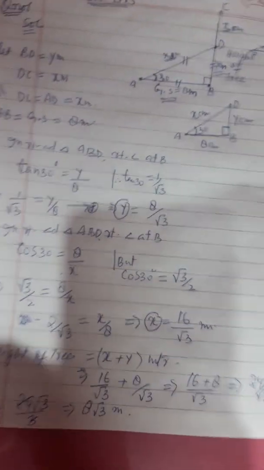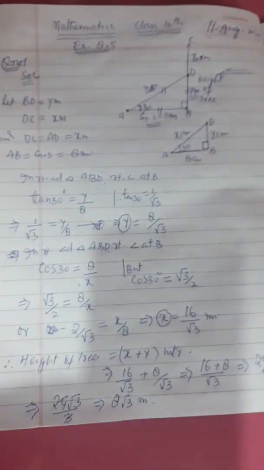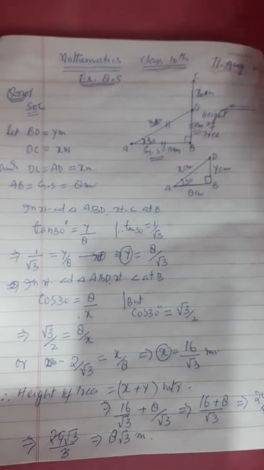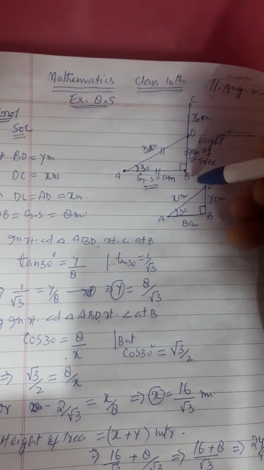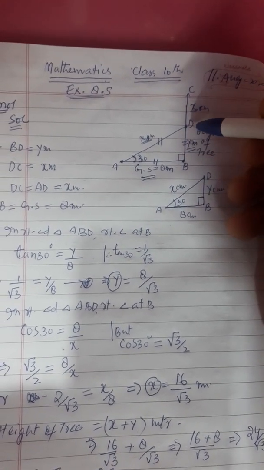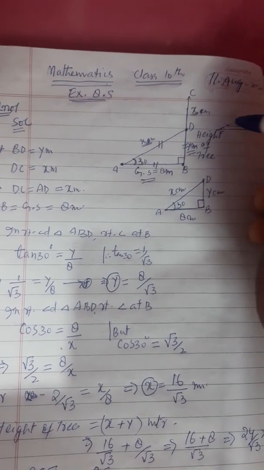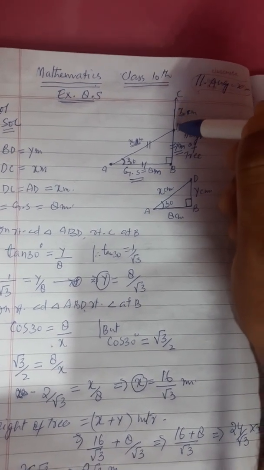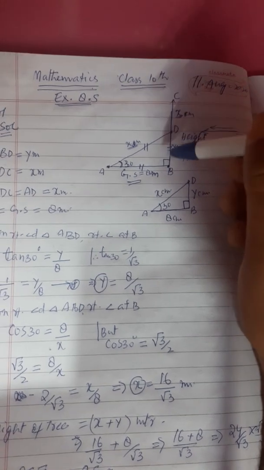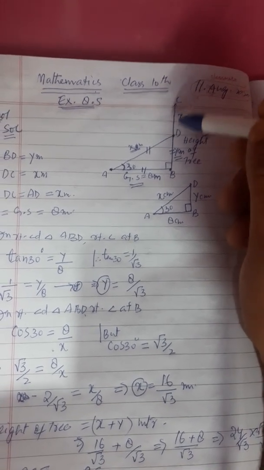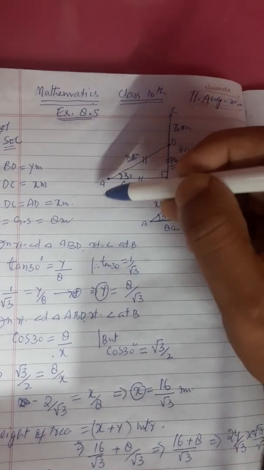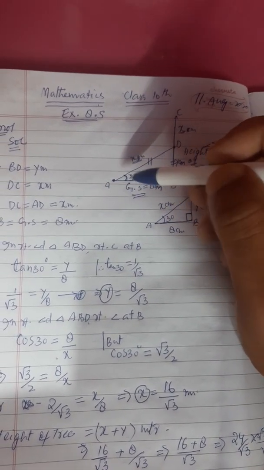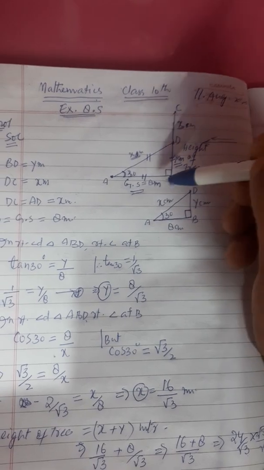Once again, let's have a recapitulation. The question was like this: the height of the tree was BC. Once the storm comes in this direction at point D, the tree breaks, and the upper part of the tree, that is the broken part, touches the ground and makes an angle of 30 degrees with the ground surface.